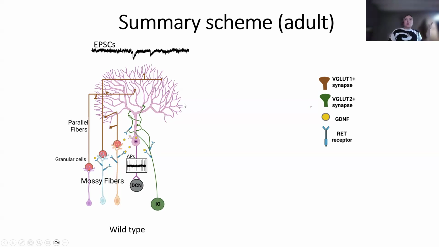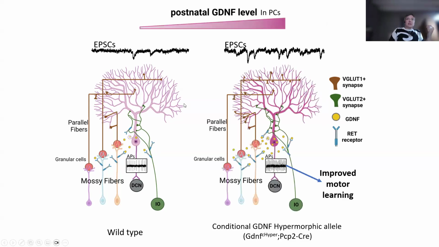But in the end, we basically saw upregulation in both. We saw upregulation in VGLUT2 synapses, probably through direct upregulation through the signaling. And we saw the upregulation of VGLUT1 synapses, which can't be direct. So it might be that we have upregulation through the signaling in these mossy fibers, and then we have more excitation from them, and then we produce more VGLUT1.